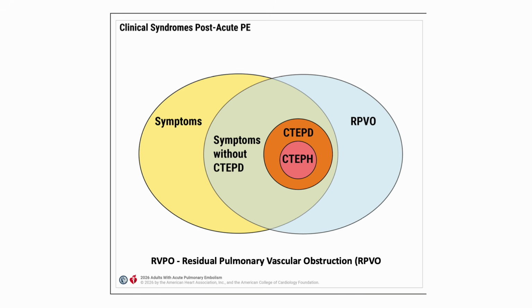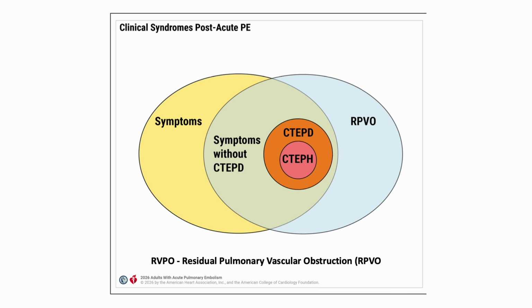So, patients can present with a constellation of clinical syndromes after an acute PE. Almost half of the patients may stay symptomatic and have no vascular complications after the PE, and it's common to have symptoms even beyond 3 months.